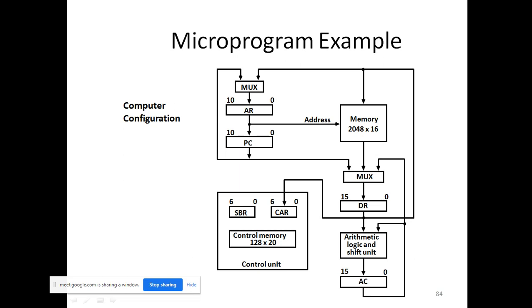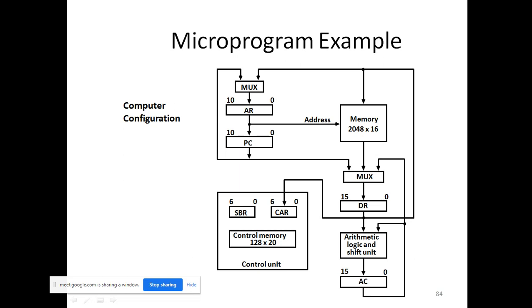Coming to this one, it has two memories. One is the main memory and the second one is the control memory. The main memory is used for storing instructions and data, whereas the control memory is used to store the microprogram or micro instructions.